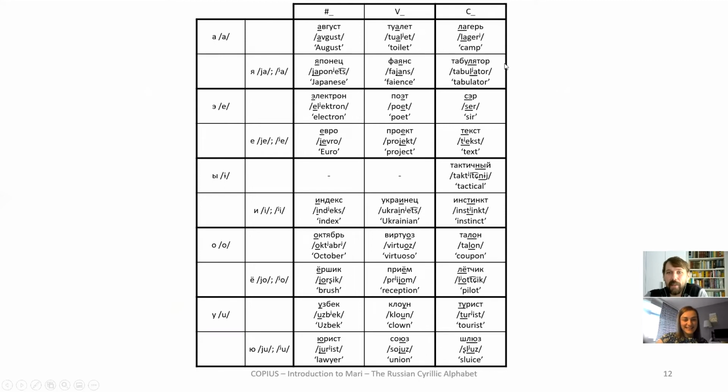Okay, so this is just giving you an overview of all these letters in all the positions that we were showing: what this vowel sign is pronounced like if it's at the beginning of a word, what it is pronounced like after a vowel, and what it is pronounced like after a consonant. And we can go through them in pairs again. First we look at the a, then we look at the ya, etc. And I guess since the translations are here, I can just read the words themselves.